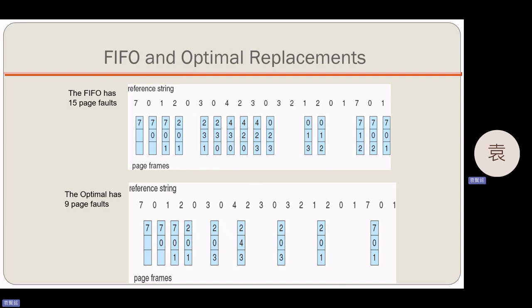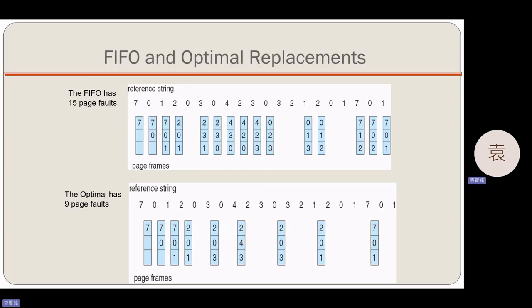So now the physical frames are 2, 0, 1. That's why the next reference 0 will not generate a fault. Then 3 requires a page fault because it is not in memory. We look at 2, 0, 1 and find that 1 is the farthest, so the position of page 1 is replaced by page 3. Now the frames are 2, 0, 3.